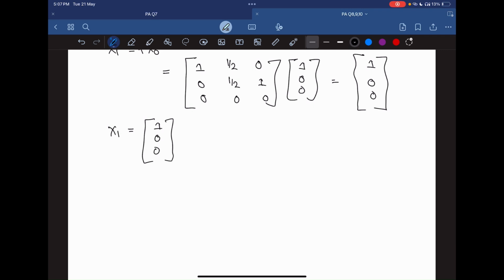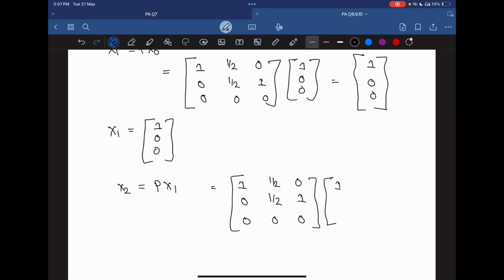So let's try checking for x2 also. So x2 is P times x1. Again our P matrix would be the same, and as our x1 is also the same as x naught, the result for x2 would also be the same, that is (1, 0, 0).